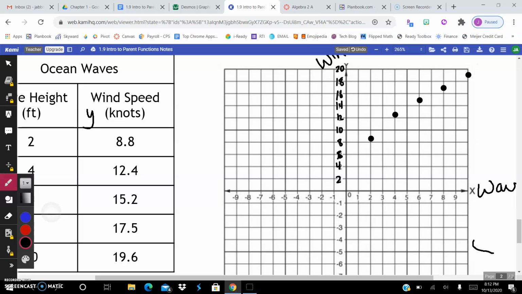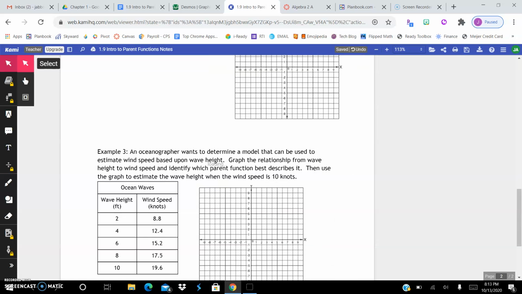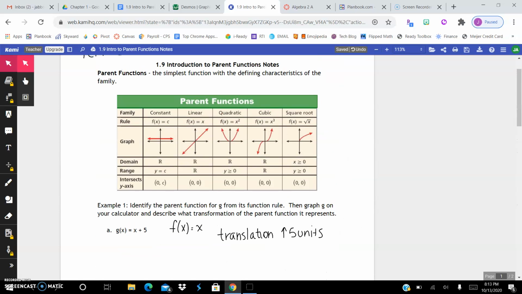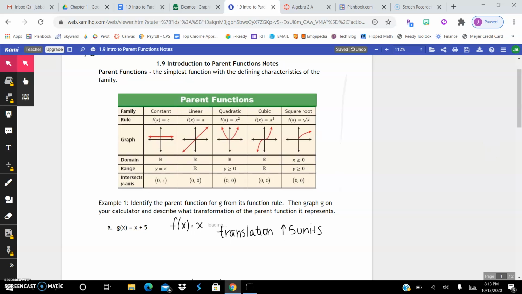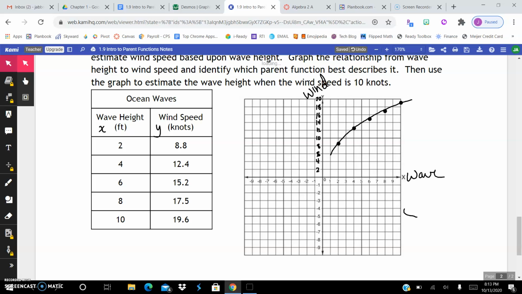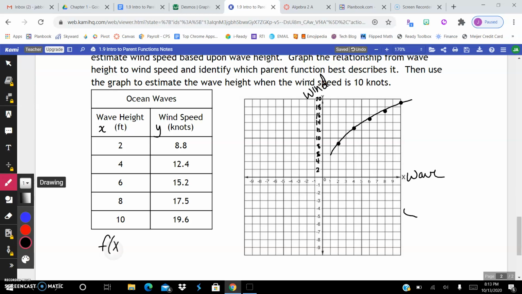So if you look, it's kind of given us an arc over here. And if we go back to our chart, that really looks like the square root function. So they wanted to know the parent function that describes this. So that would be f of x equals the square root of x is our parent.